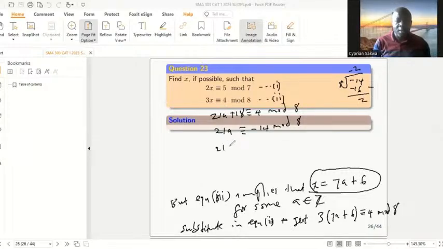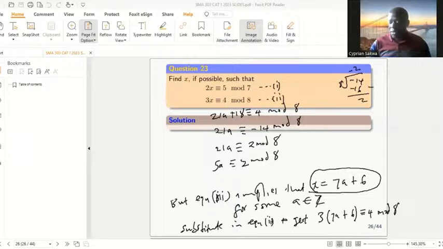So 21a is congruent to 2 mod 8. In fact, this 21 I can also reduce mod 8. It's also very big. 8 will go into 21 twice, so 21 minus 16 would be 5. I can write it as 5a is congruent to 2 mod 8. So now I look for the inverse of 5 mod 8.